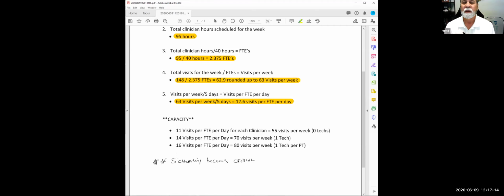It gets a little bit complicated here because with a week, you're determining and projecting how many staff members you want to have for that week based on 148 visits for the week. If you see 12.6 visits per FTE per day, you're going to have, say, 6 patients in the morning and 7 in the afternoon, or vice versa.